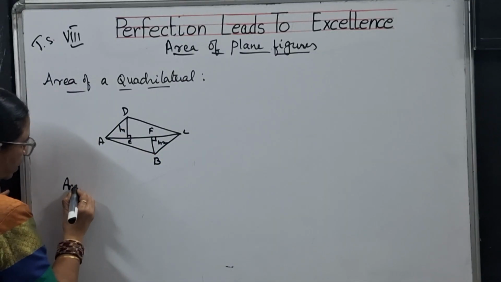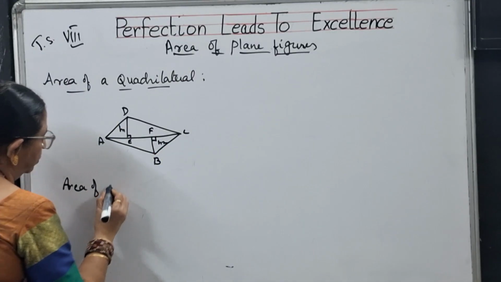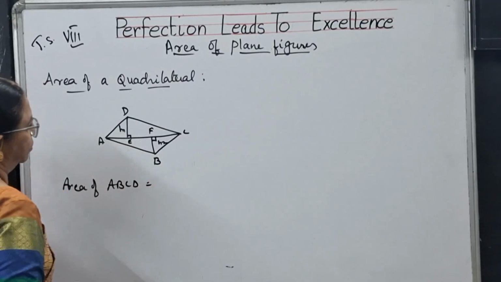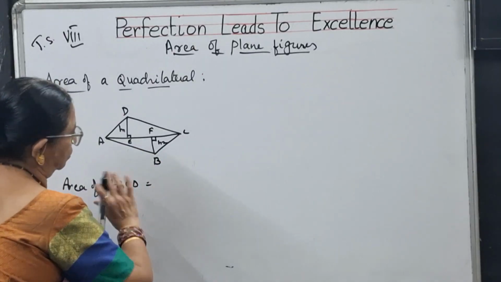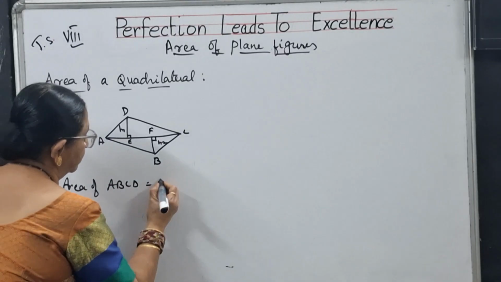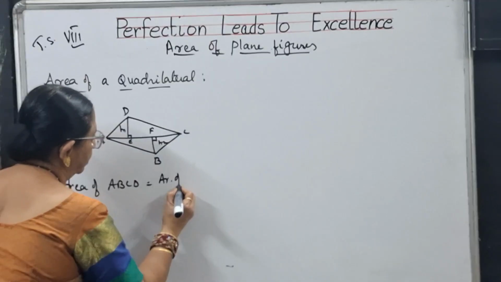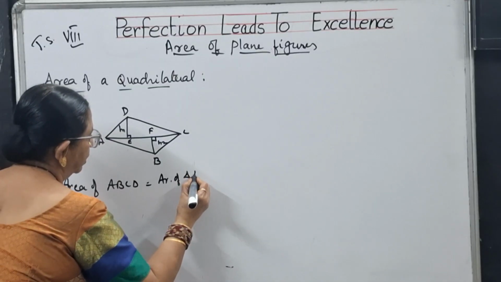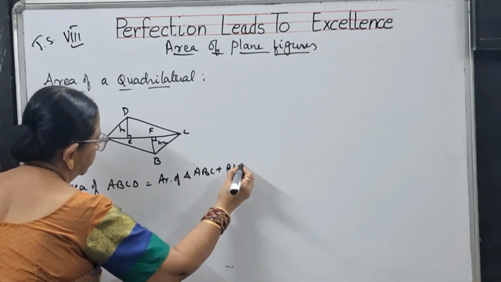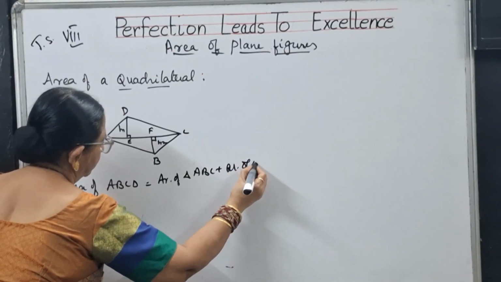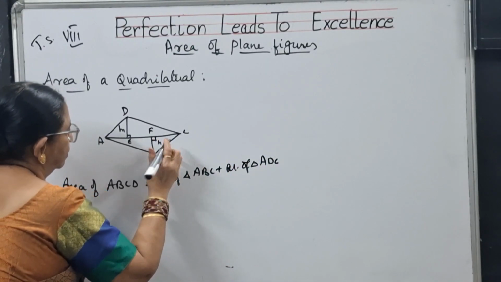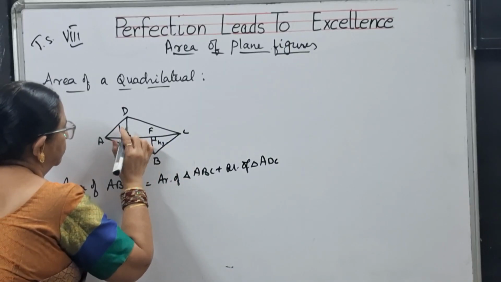So area of ABCD is equal to, since it is a quadrilateral, there is no relation among the sides and angles, so we will consider it as area of triangle ABC plus area of triangle ADC. Let me consider ABC with h1 and this as h2.